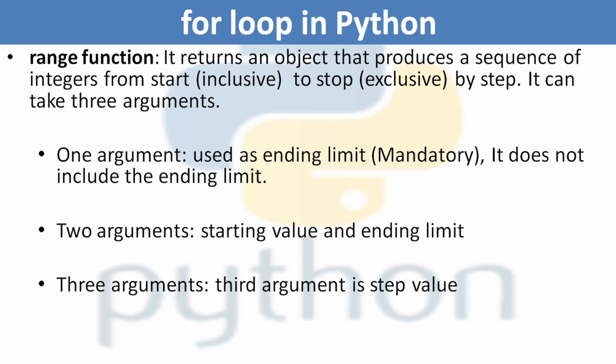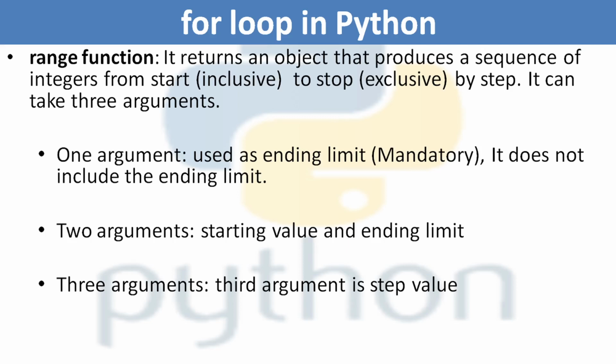So it means if you don't pass the start and step value, then it will use 0 for the start argument and 1 for the step argument. Since it takes three arguments, the function can be used with one argument, only the ending limit, and it is a mandatory parameter.